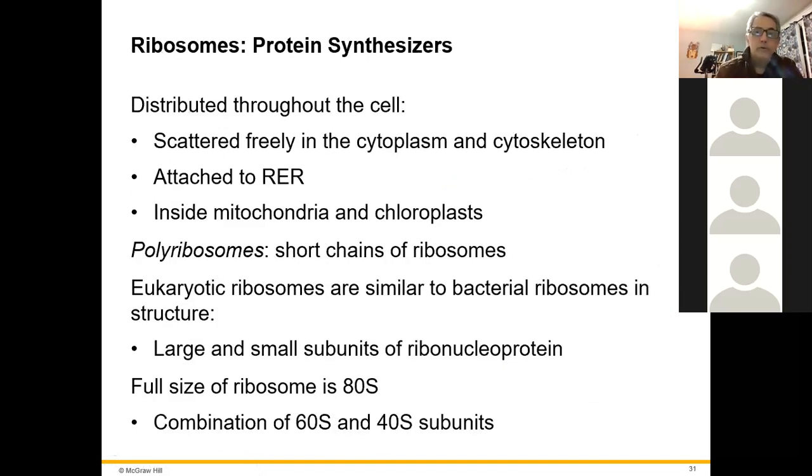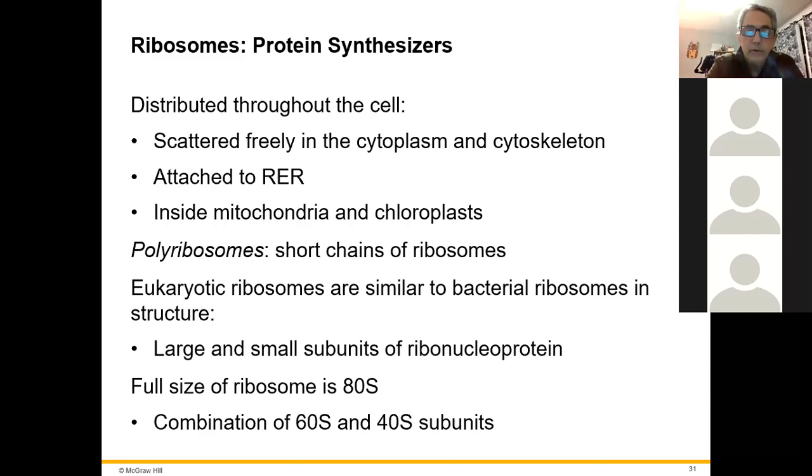So the ribosomes are distributed throughout the cell. They're scattered freely in the cytoplasm and the cytoskeleton of the cell. I mentioned before, they're attached to the rough endoplasmic reticulum. Mitochondria and chloroplasts have their own ribosomes, their own genetic material.